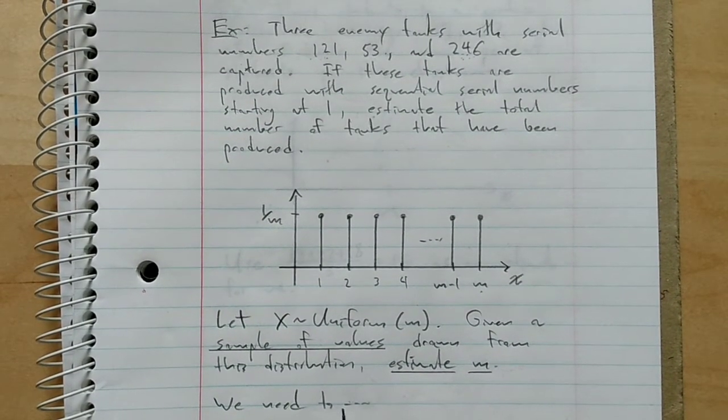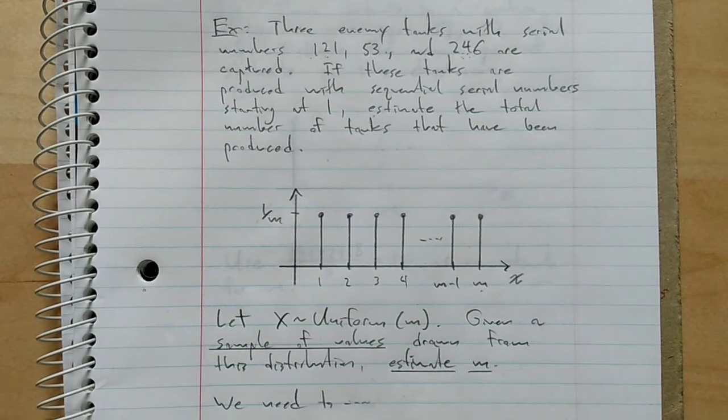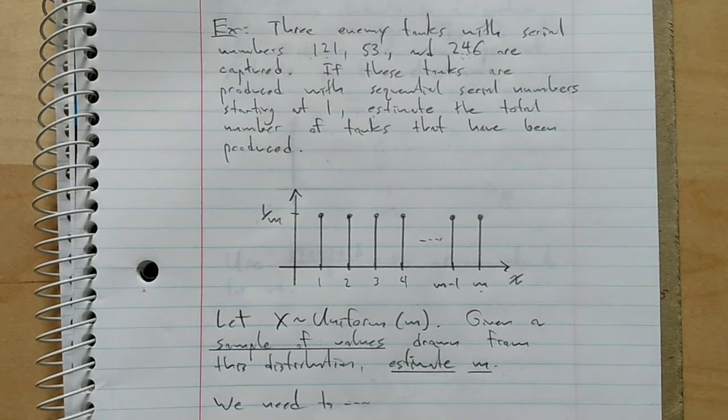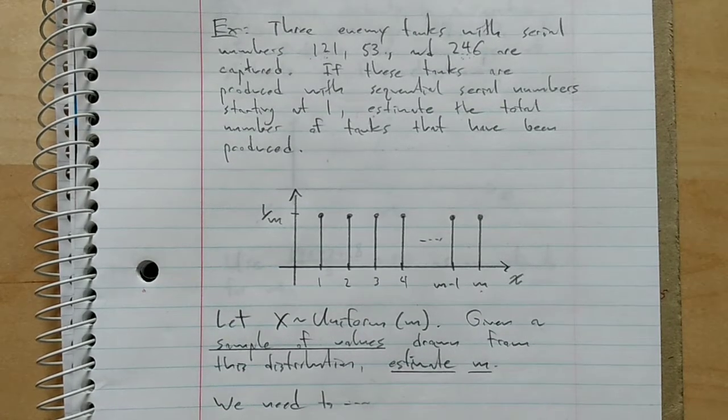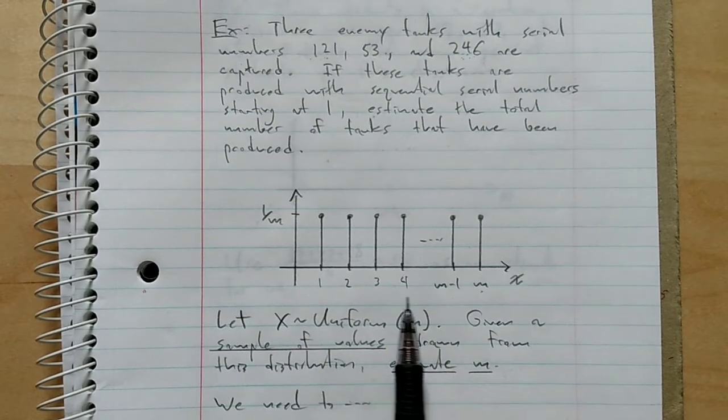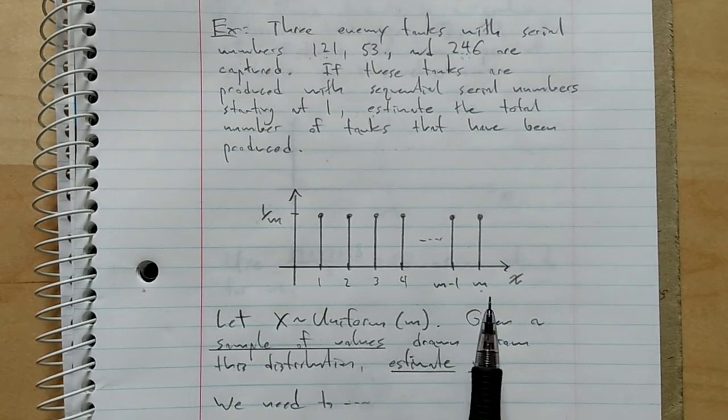Think about the distribution of serial numbers on the tanks. If I just randomly pick a tank of that type, and I look at its serial number, that's going to be a random variable. What's the distribution of that random variable? Well, it is a discrete uniform distribution.